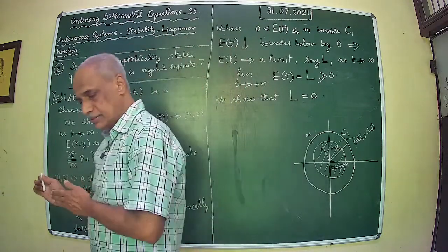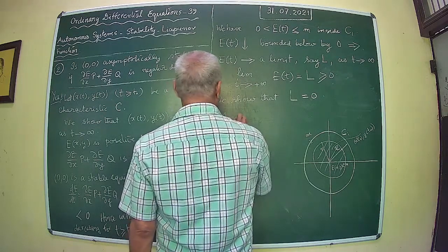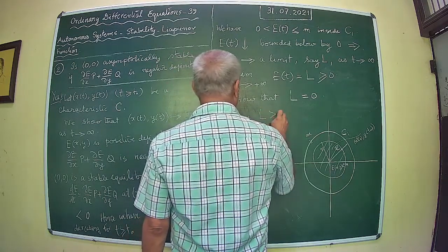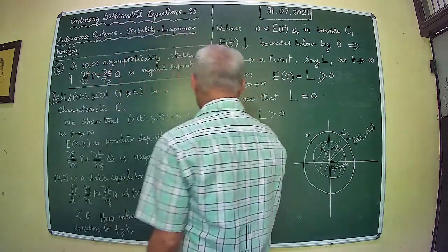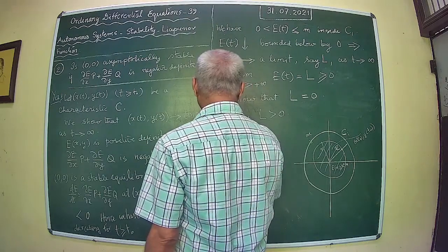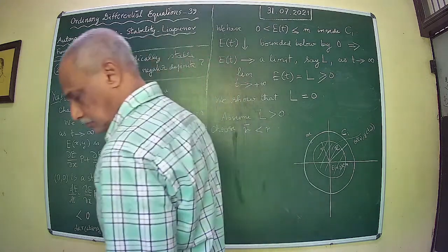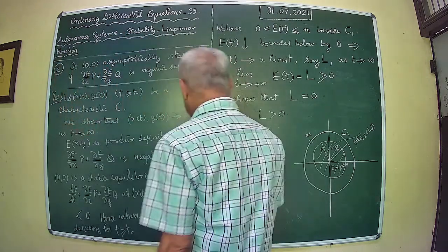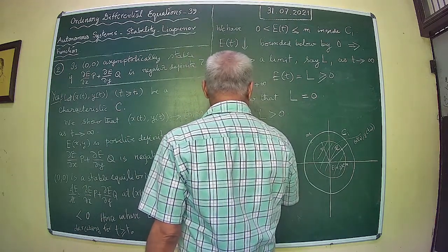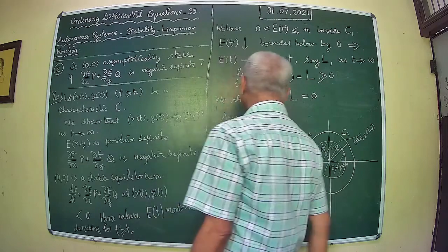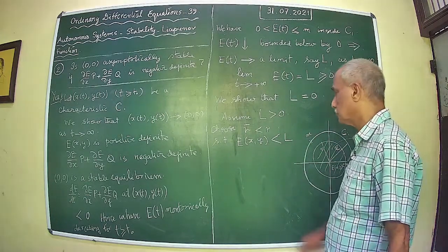So how do we prove this? We get to a contradiction. Assume L is positive. If L is positive, then choose R bar less than R such that E is less than L. That is possible.